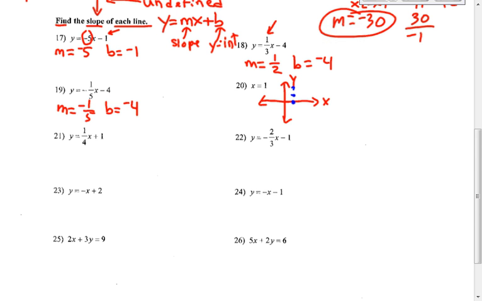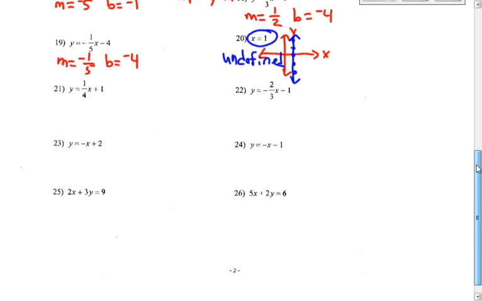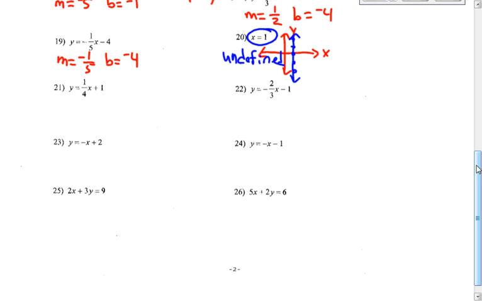So this is the line x equals 1. So you notice that there's no way that you can find the slope of this line because it is a vertical line. So this is undefined. So I sketch things once it's like x equals whatever. I just remind myself by sketching it that it is a vertical line.